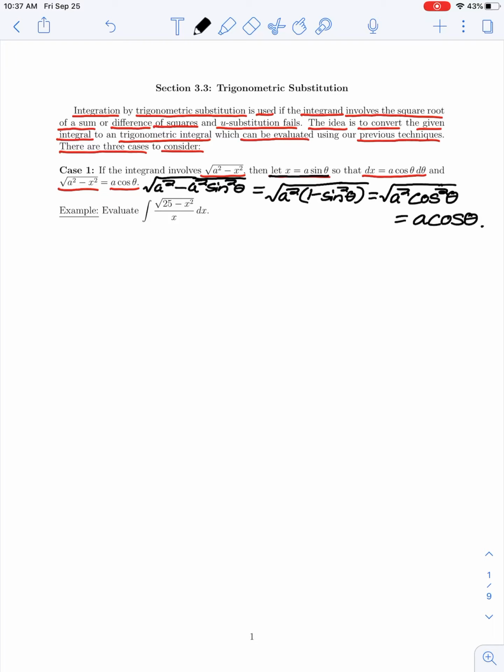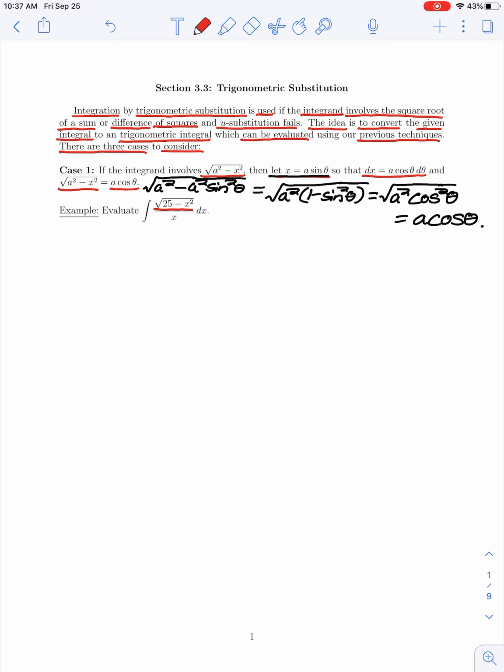So let's look at an example to illustrate how this works in a little more detail. In our first problem, we're asked to evaluate the integral of the square root of 25 minus x squared all over x dx. As soon as I see this numerator involves the square root of 25 minus x squared, that is the square root of a difference of squares, I immediately think about using a trig substitution.